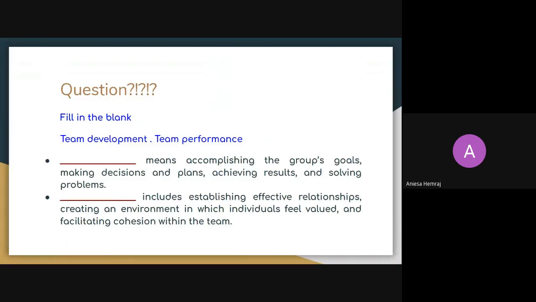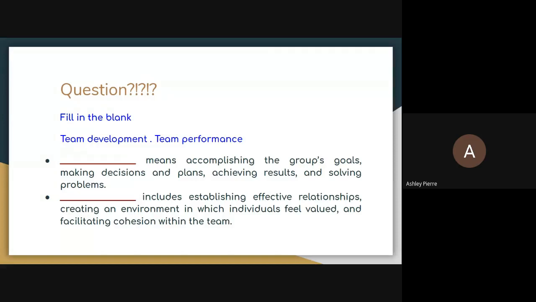So question, fill in the blank, which goes where? This is my last question, okay? Somebody? Anybody? I'll first give a bonus one mark to the person who's answering this question.